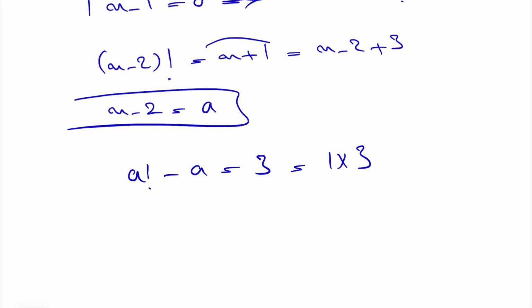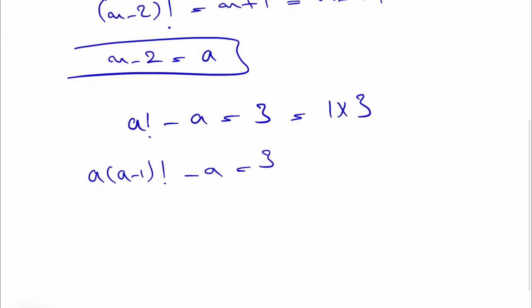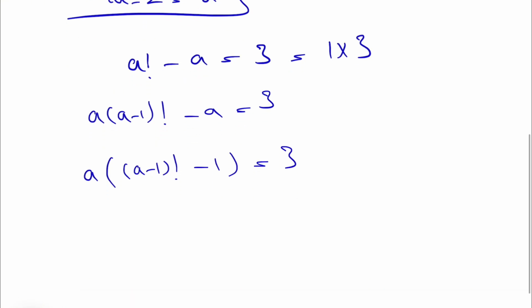And we know a factorial is a times a minus 1 factorial, minus a equals 3. And here we can factor a. So if we factor a, we will have a times a minus 1 factorial minus 1 equals 3.